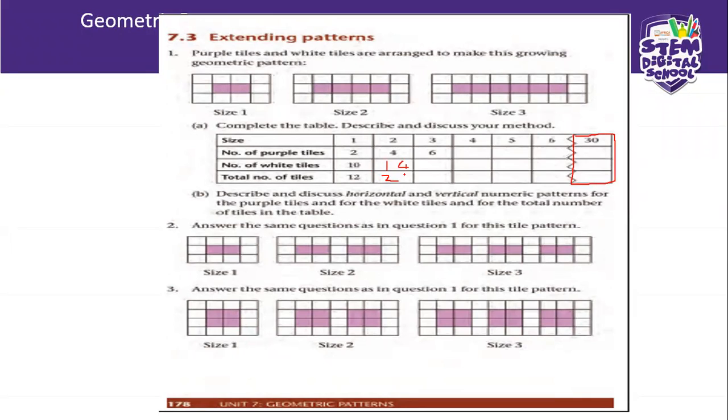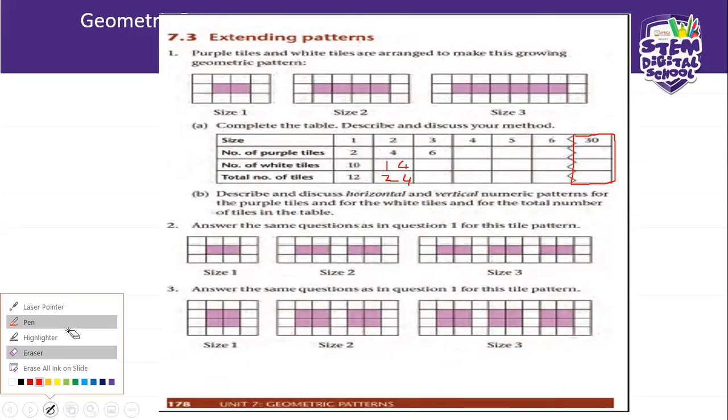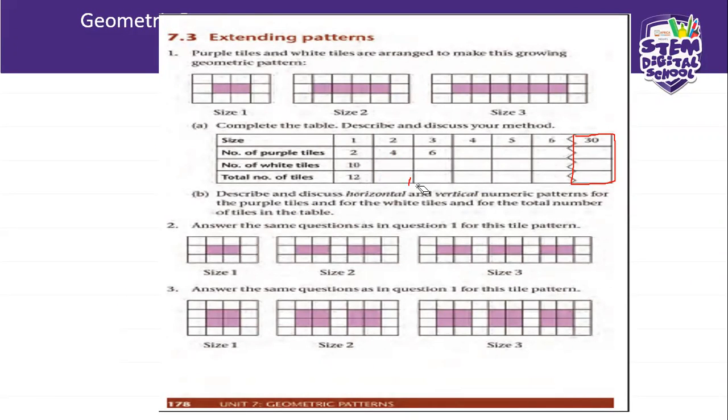Let me work it out by continually adding 2, continually adding 4, continually adding... this is not 24, this is 18. I made a mistake. I was thinking about the other thing. Continue adding 6, right? That's the idea that you can follow. There's nothing really stopping you from following that idea until you reach size 30.